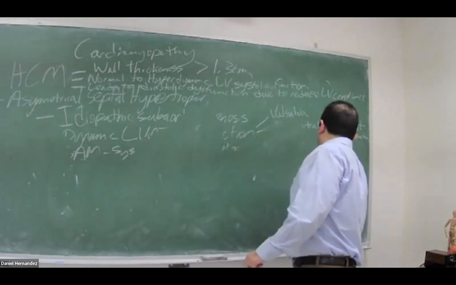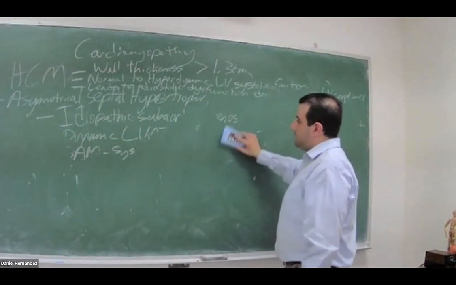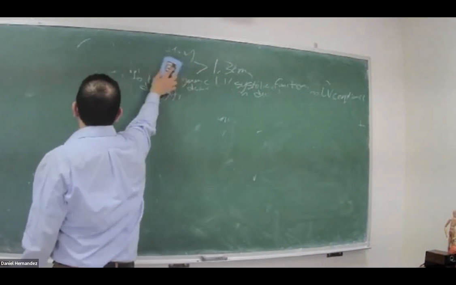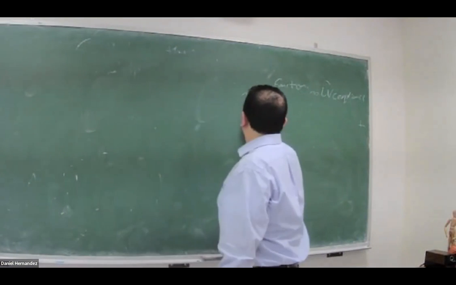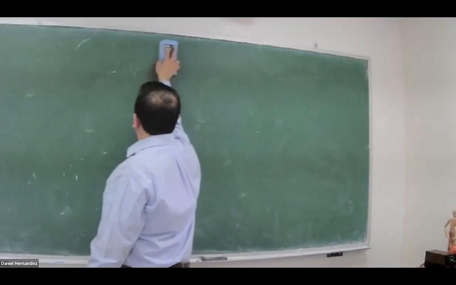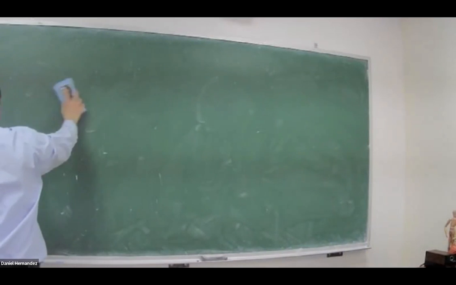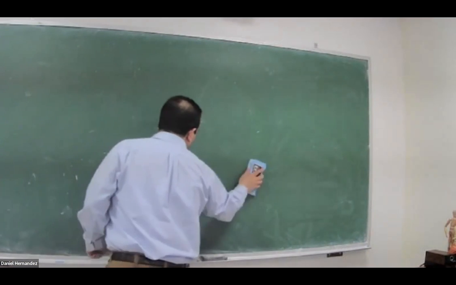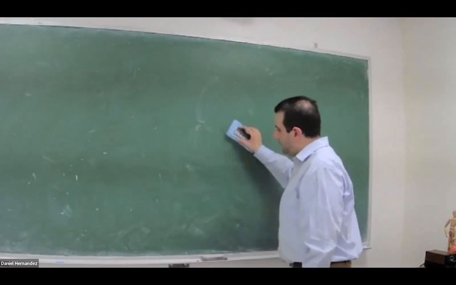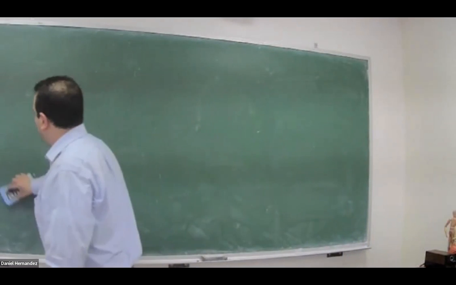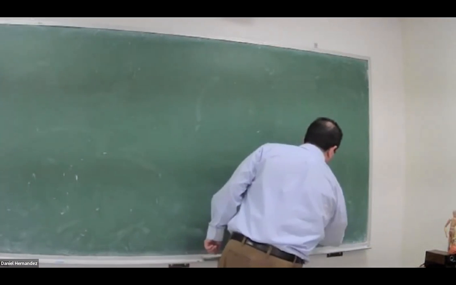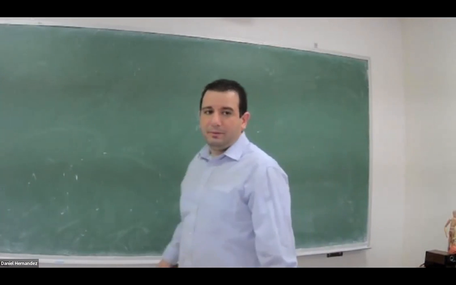And then the third and fourth stages are the restrictive filling patterns: a reversible restrictive filling pattern for stage 3, and a fixed or irreversible filling pattern for stage 4.